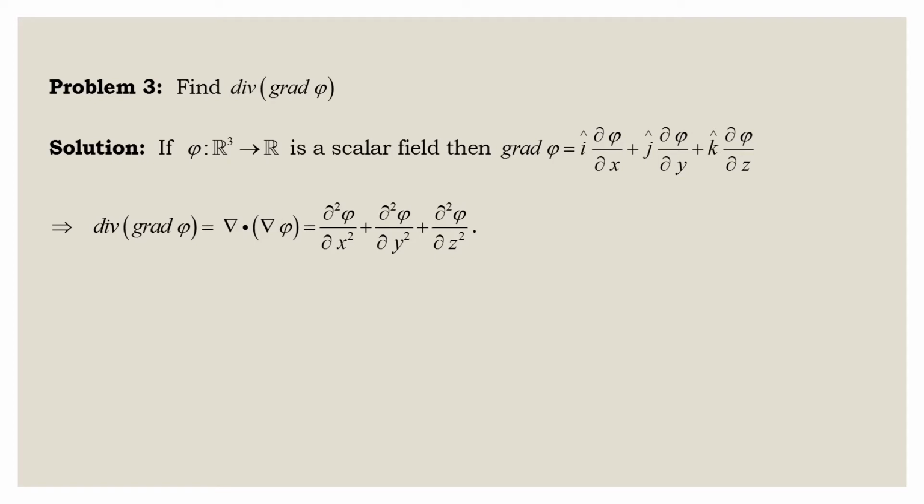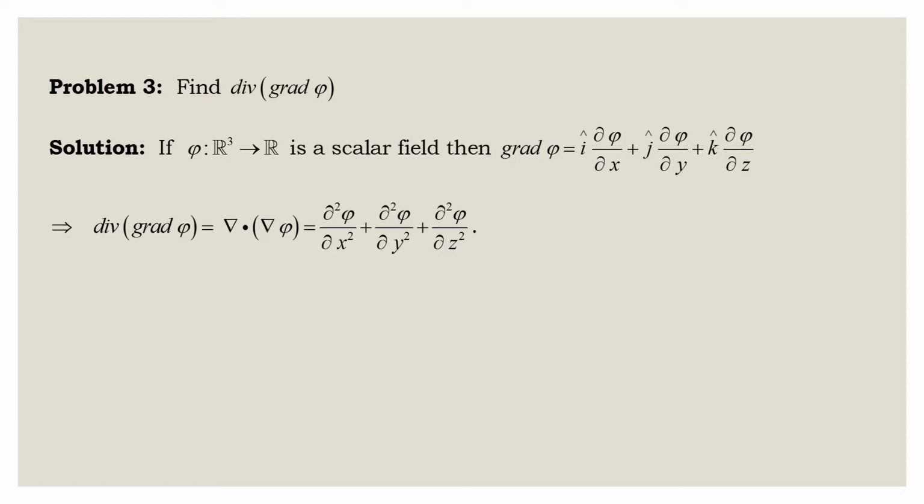It is the sum of the three pieces: the partial derivative of the first component with respect to x plus the partial derivative of the second component with respect to y plus the partial derivative of the third component with respect to z.